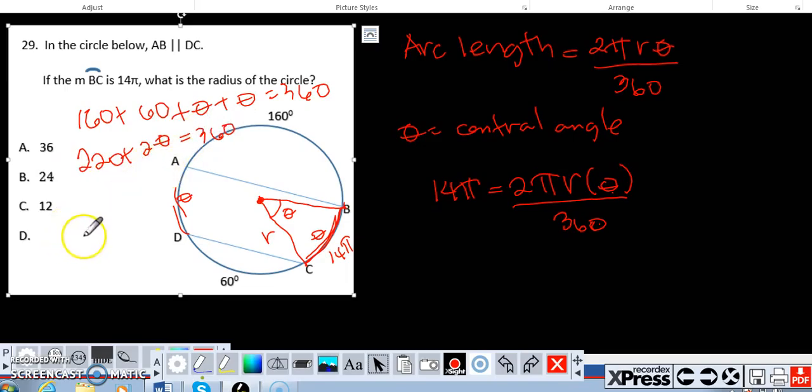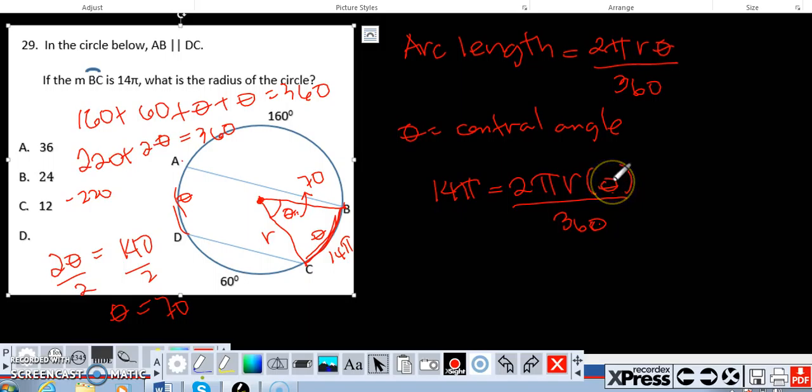Let's subtract 220 on both sides. Now you have 2 theta is equal to 140. Divide by 2. Therefore your theta is equal to 70 degrees. So this arc here is 70 degrees, this is also 70 degrees, and your theta is equal to 70 degrees.